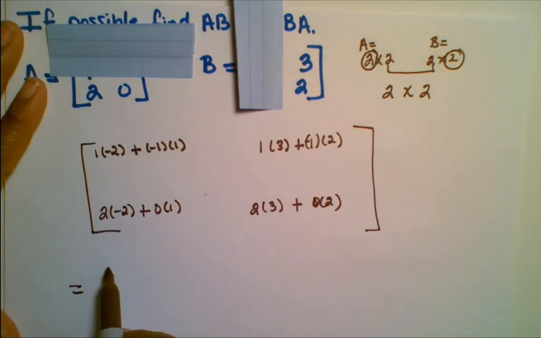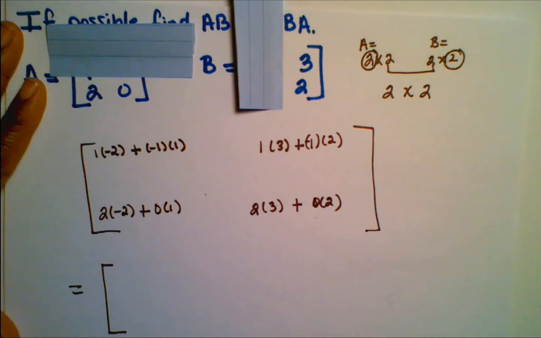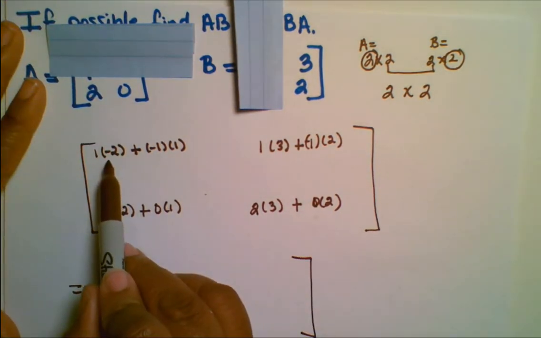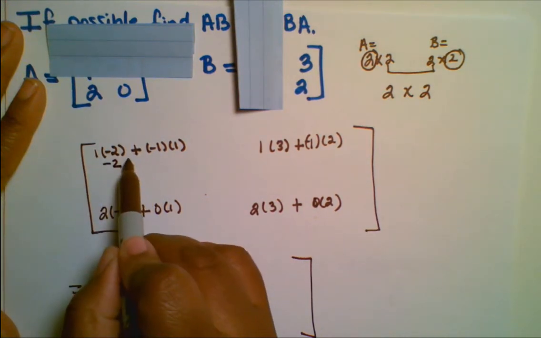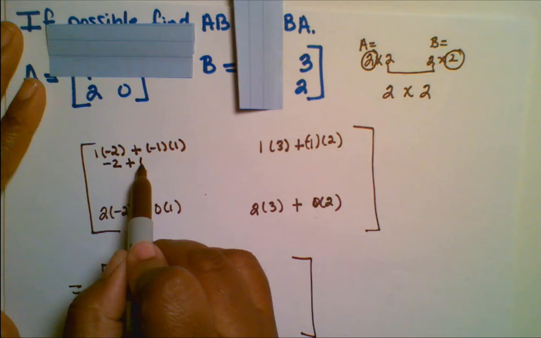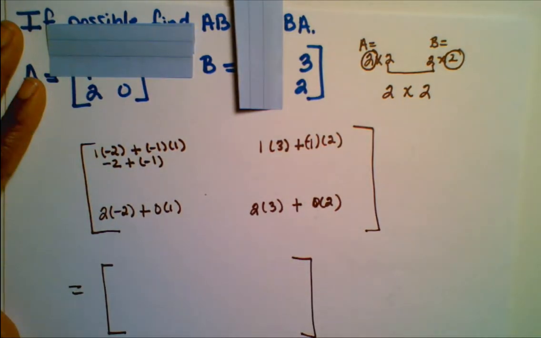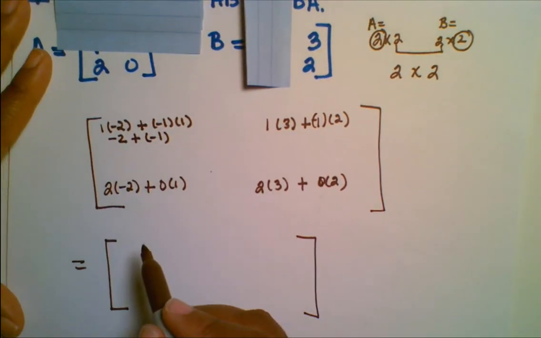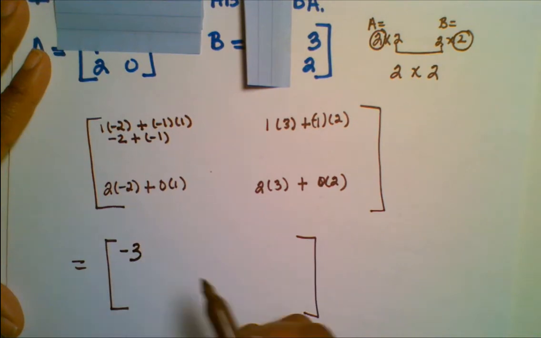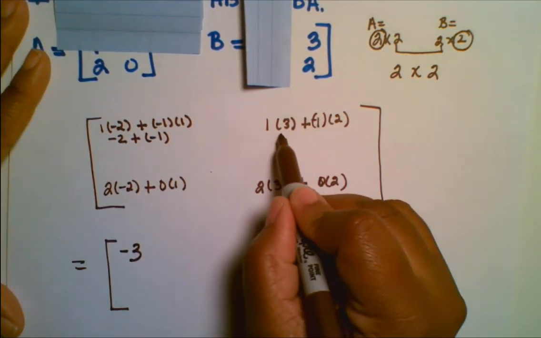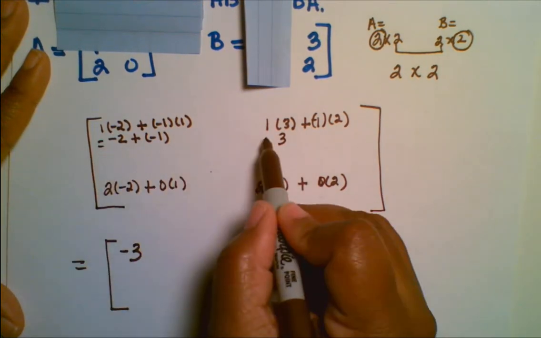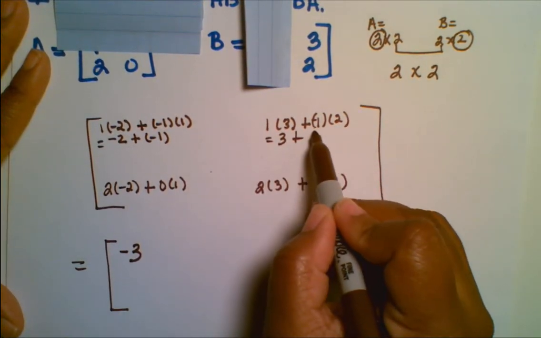Now let's simplify each one. First row, first column: 1 times negative 2 is negative 2, plus negative 1 times 1 is negative 1. We add those together and get negative 3. First row, second column: 1 times 3 is 3, plus negative 1 times 2 is negative 2.